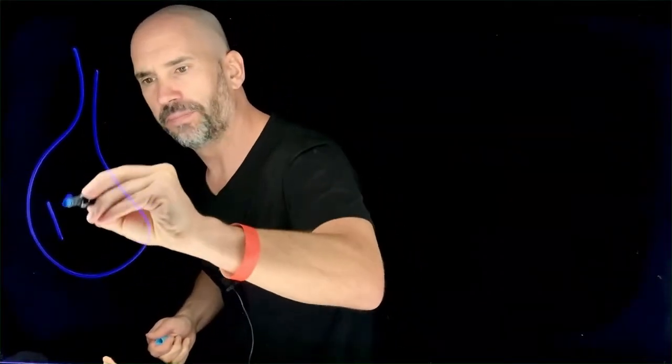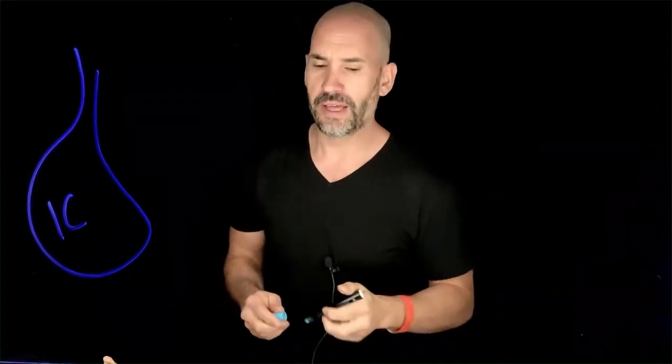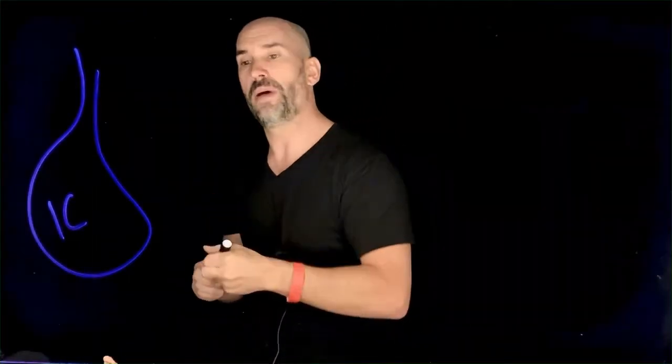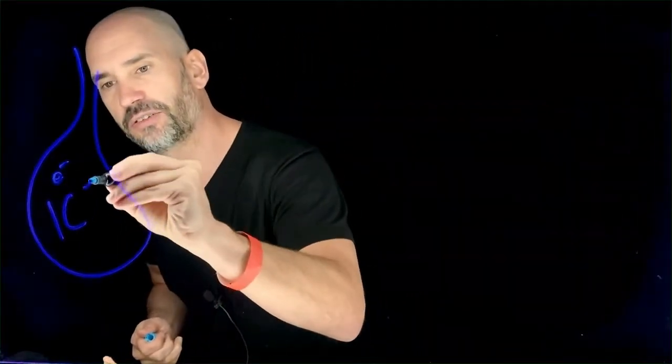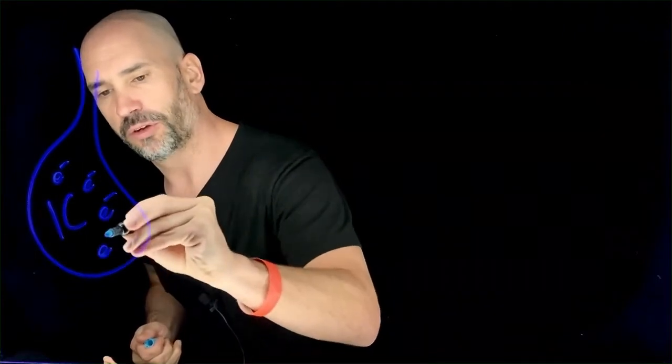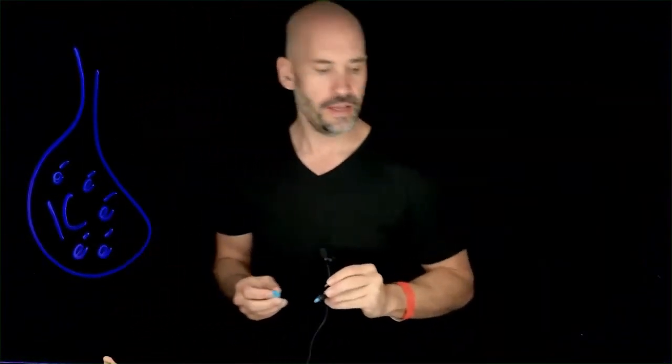So let's say that here I'm holding a 1 coulomb, sorry, not 1 kilogram, but 1 coulomb. I'm holding a 1 coulomb bag of electrons. I have all these little electrons in here, and they add up to 1 coulomb. Okay, how would I do this? It's actually quite simple.